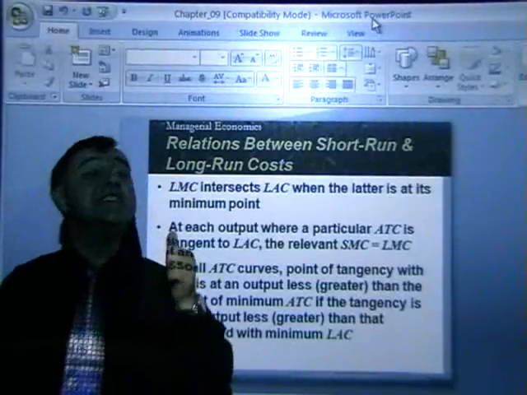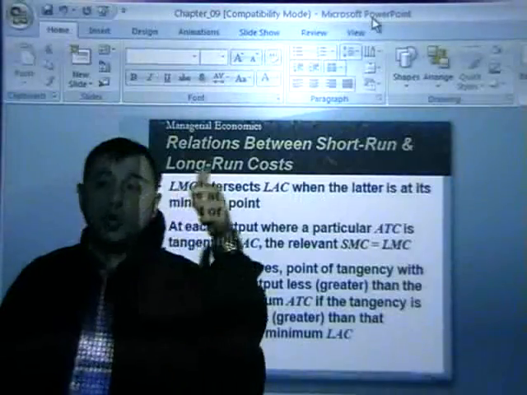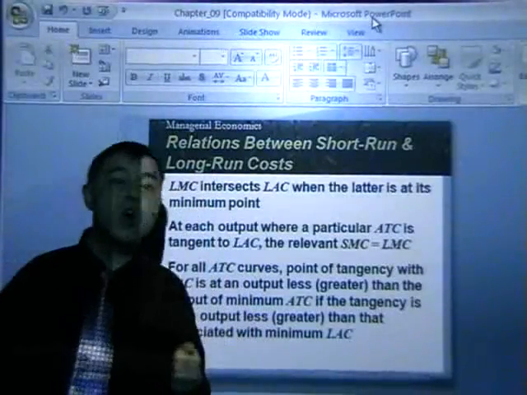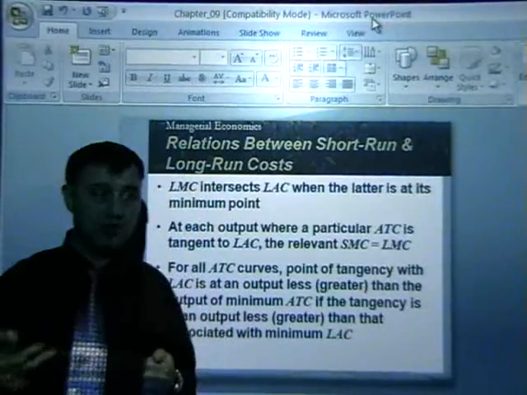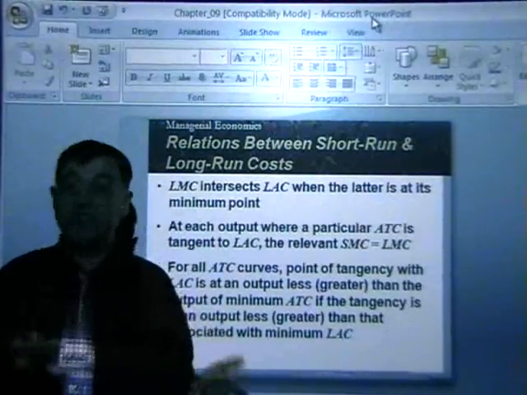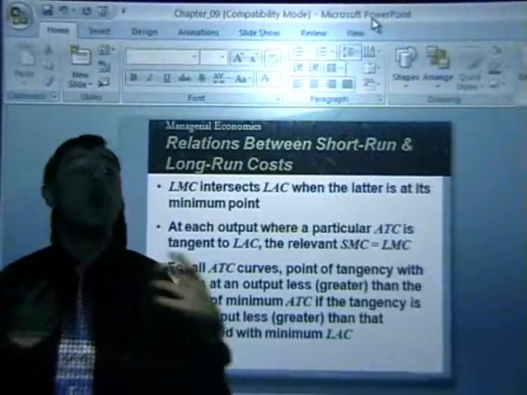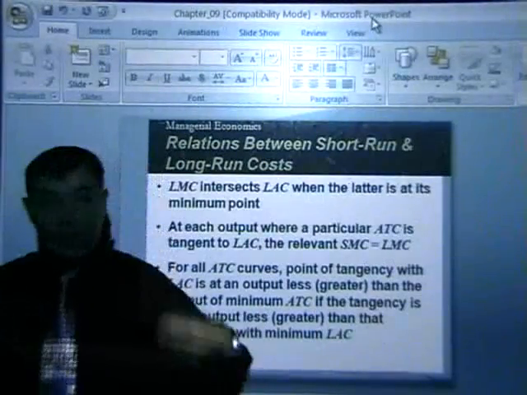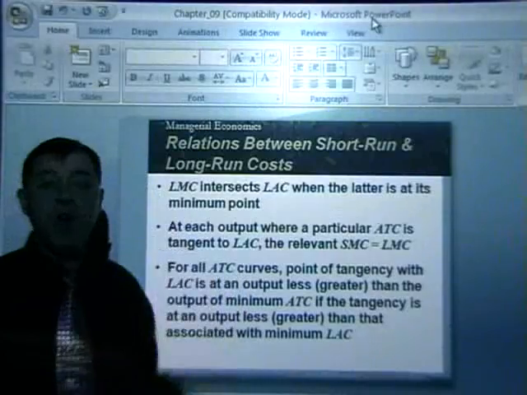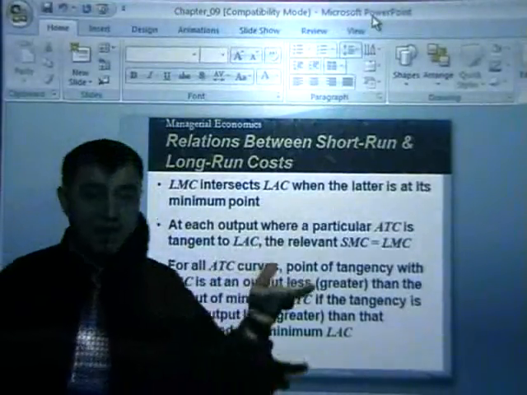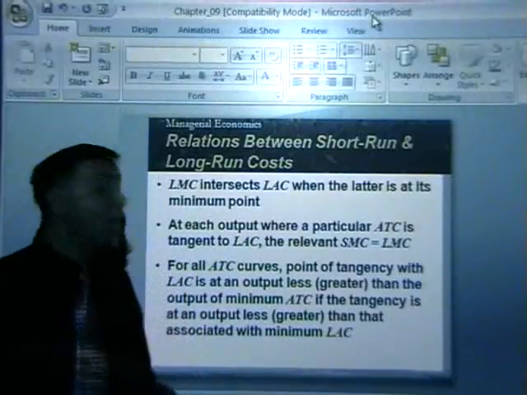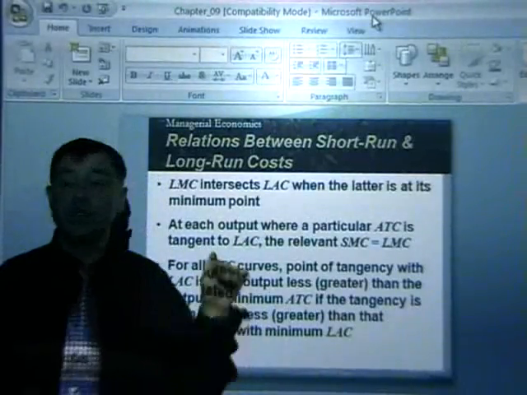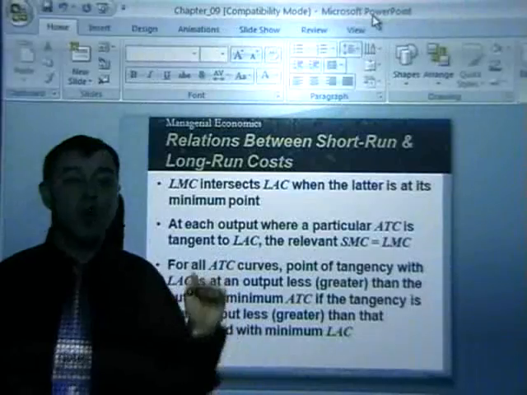So, it is necessarily always true that in the long run you will be more efficient than in the short run. Because in the short run you're stuck either with laborers or with capital or with whatever. So, because of the higher flexibility, the long run always has lower average costs.